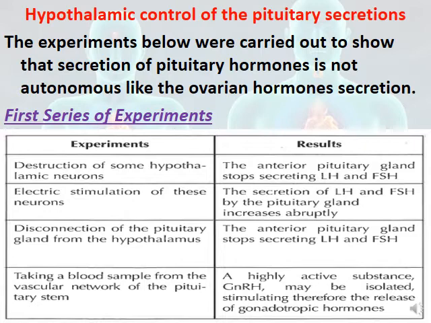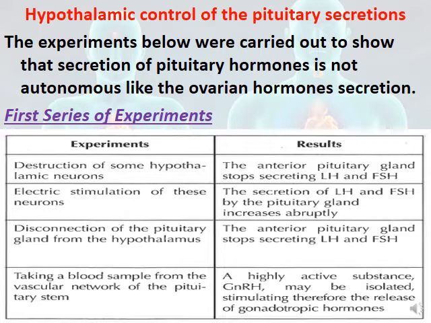Second, electric stimulation of these neurons. So the secretion of LH and FSH by the pituitary gland increases. So electrical stimulation leads to the increase in LH and FSH. This confirms the result before, that these neurons are responsible for the secretion of LH and FSH.